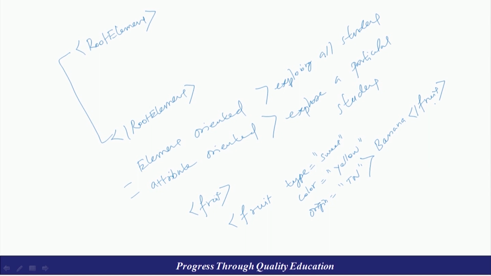After making the XML element, we have to go through that XML elements, whether it is repeated. If it is repeated, then we have to create the relevant document type definition or schema definition for the given XML document. So which one is first? This is the XML document.